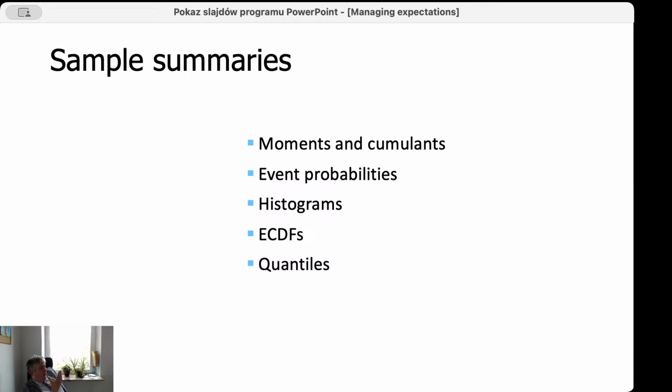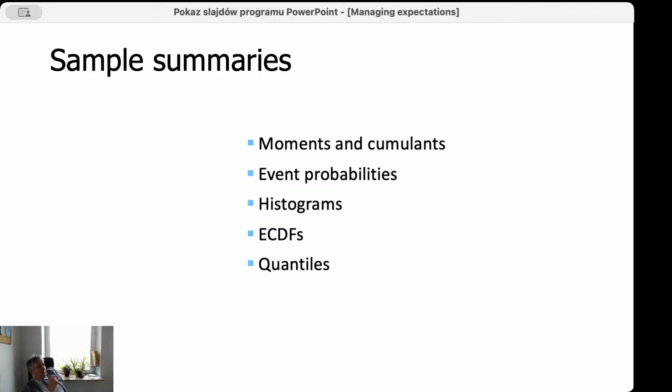This idea of computing expectations using averages of functions of interest opens up the possibility of multiple kinds of sample summaries that we can use as a Monte Carlo estimator of what we want. We can use moments and cumulants, so we get means, standard deviations, etc. We can consider even probabilities. In the discrete case, it's easier.